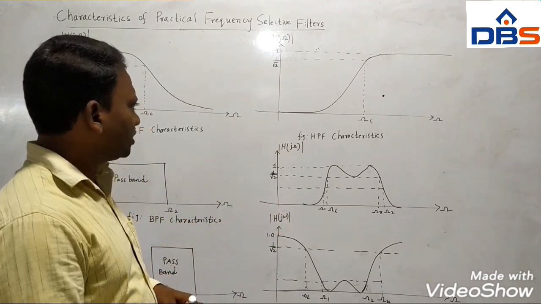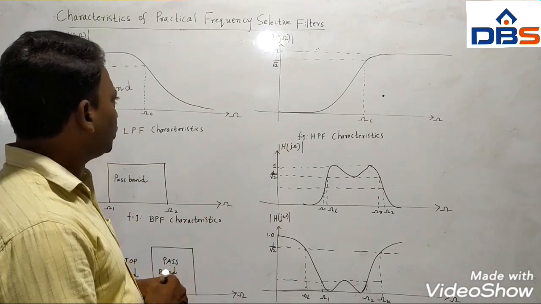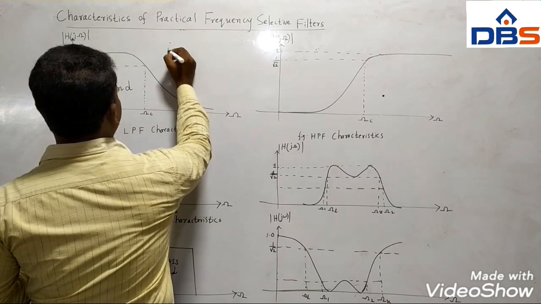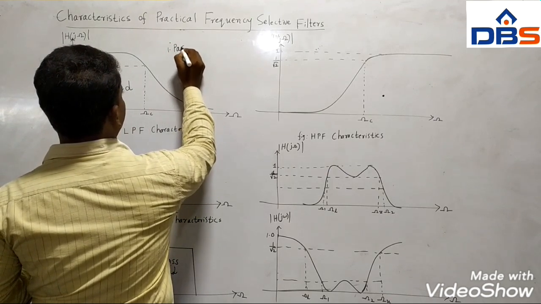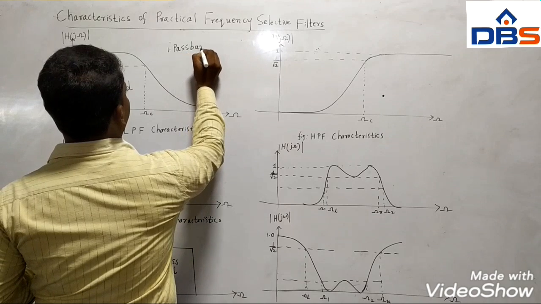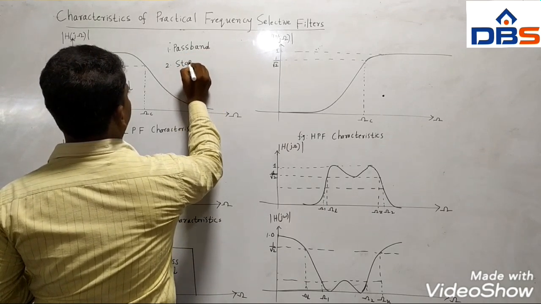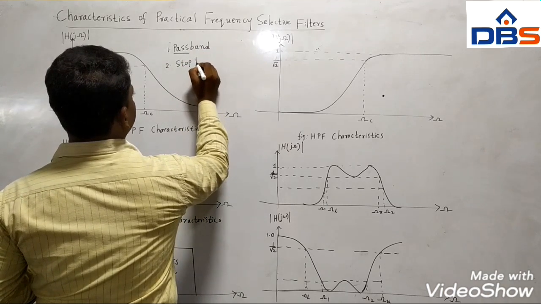Before going to those characteristics, we have to know two important terminology parameters: pass band and stop band.